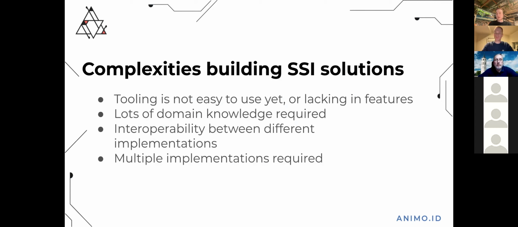They take away the complexity for you, and that's why you pay for a service. But there are also a lot of people wanting to build their own infrastructure, and there are quite some challenges to face, because the SSI space is really new, and it hasn't had years of people working on it and making open source software.